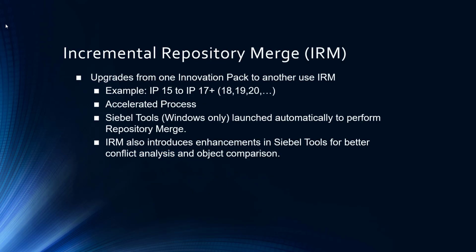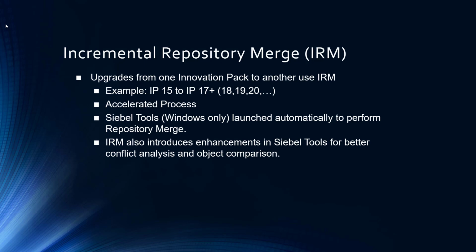If you run an IRM upgrade, which is any modern innovation pack, let's say from IP15 to Siebel 20.x, this is an accelerated process, so Siebel Tools is launched as part of that process. Of course, you need to run on Windows for that, and it performs the repository merge in a slightly different fashion than the non-IRM merge, but nonetheless, it's the same process.